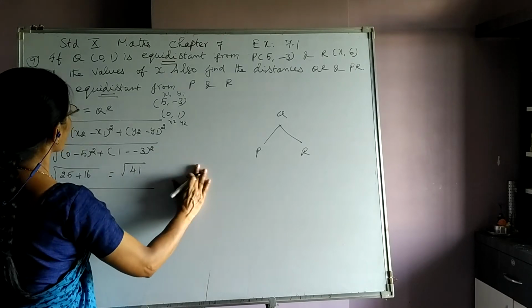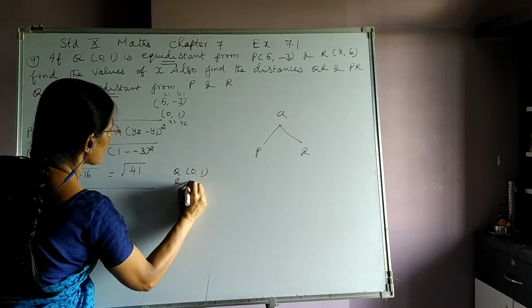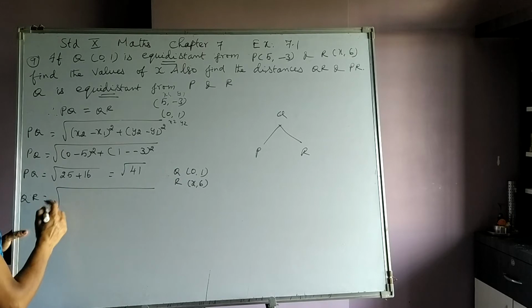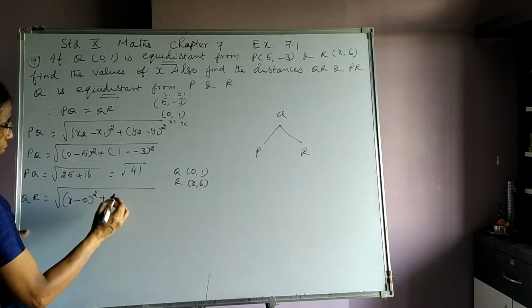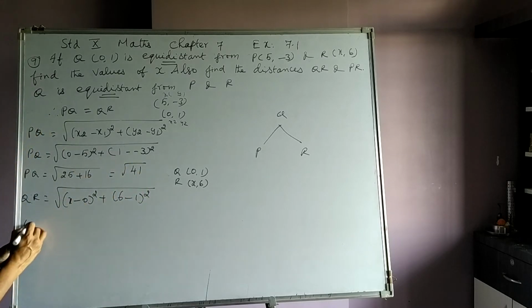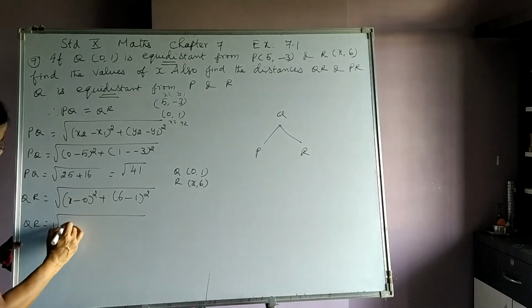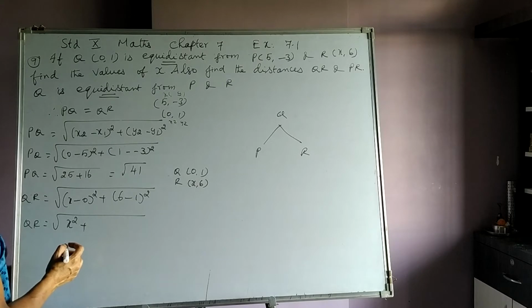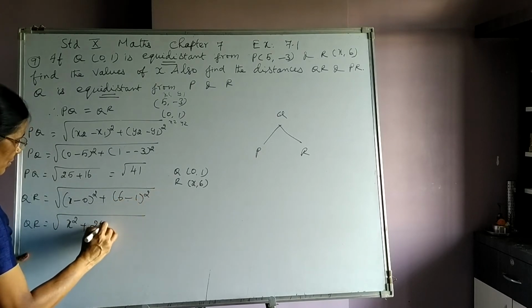So what is the value of Q? Q is (0, 1) and R is (x, 6). So I am going to find QR. It is root of (x minus 0) the whole square plus (6 minus 1) the whole square. So QR is root of x square, since (x minus 0) the whole square is x square, plus 6 minus 1 the whole square, 5 square, which is 25.